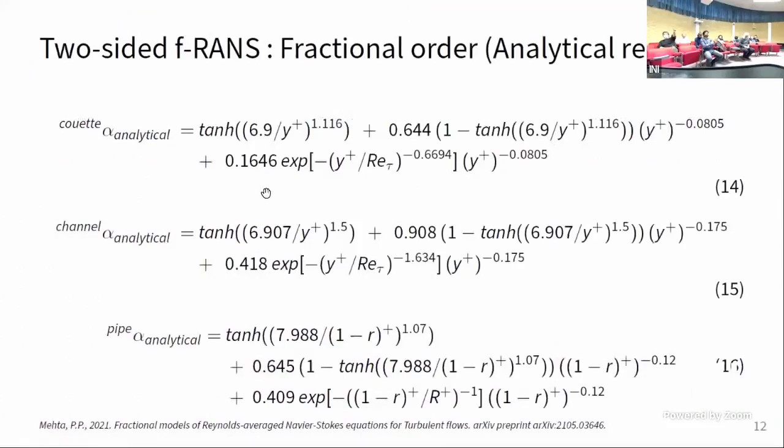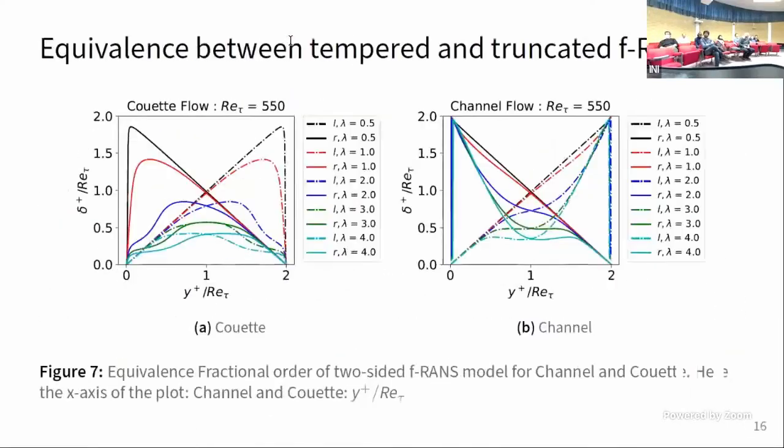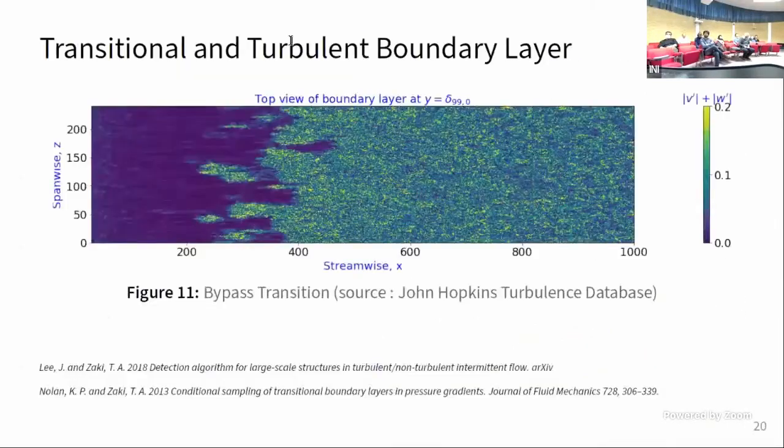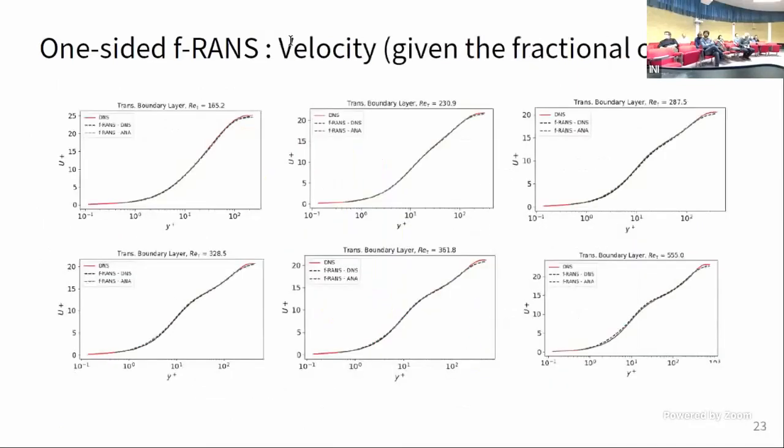So when you're fitting data, do you retrieve the log law with the right constants? With the fitting that you have for channel flow, for instance, do you retrieve the log layer with the right constants? This is the match with DNS. Yes.